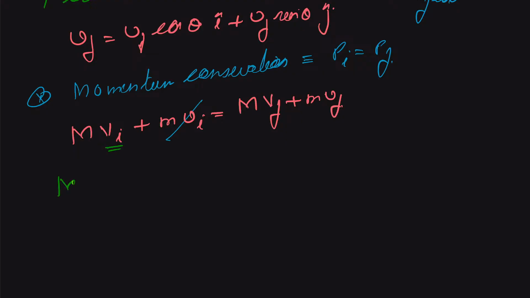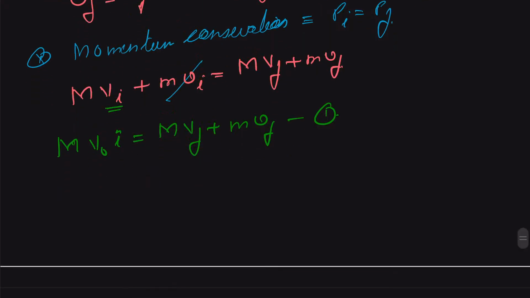So we can write this as M v0 i unit vector is equal to M V_f plus small m v_f, and let us call this equation number 1.